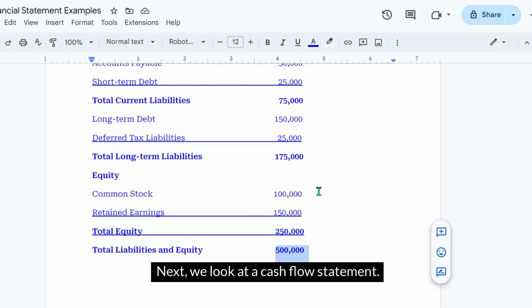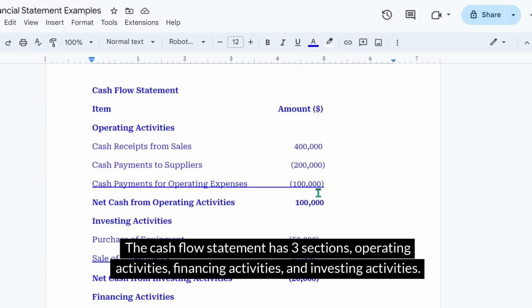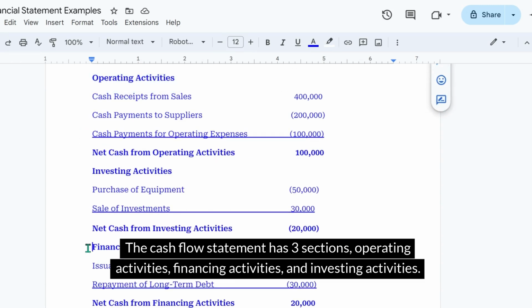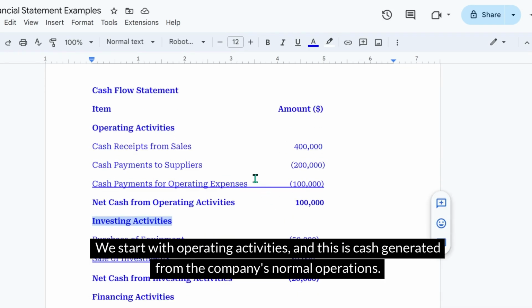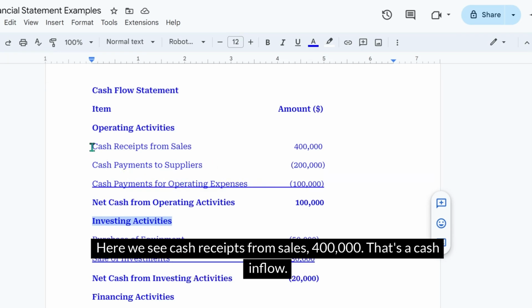Next, we look at a cash flow statement. The cash flow statement has 3 sections: operating activities, financing activities, and investing activities. We start with operating activities, and this is cash generated from the company's normal operations. Here we see cash receipts from sales, 400,000. That's a cash inflow.